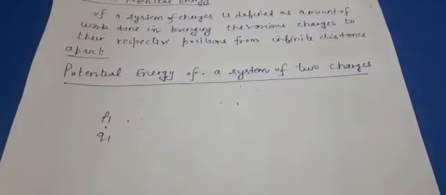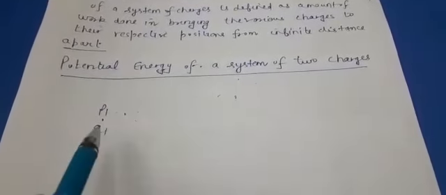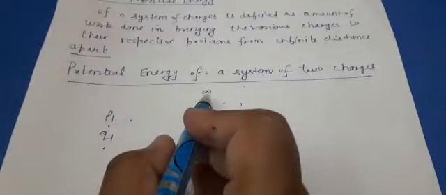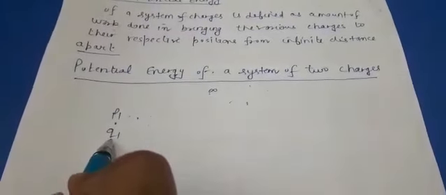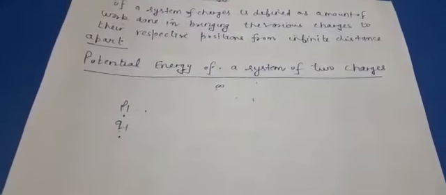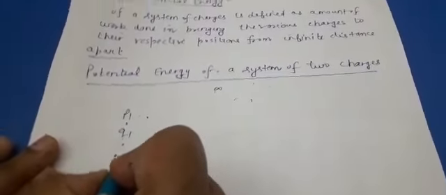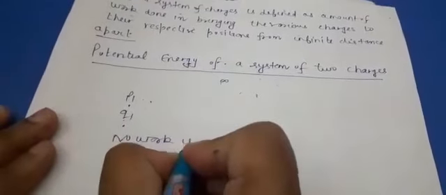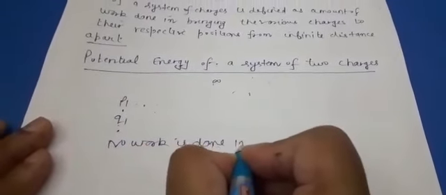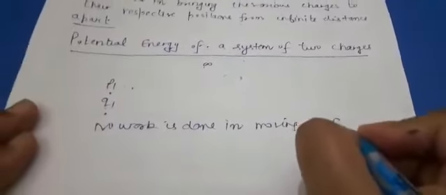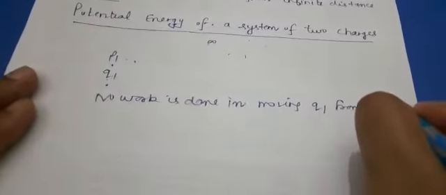Now, we have taken this charge at P1 from infinity. Suppose this is an infinite point. Initially, we have brought this charge Q1 from infinite separation to P1. So, in that particular case, no work will be done in moving charge Q1 from infinity to P1.